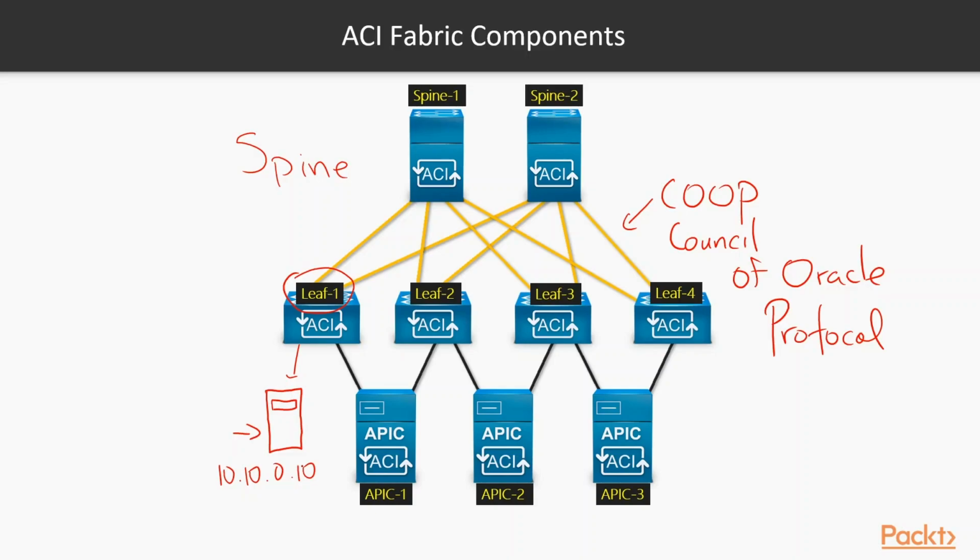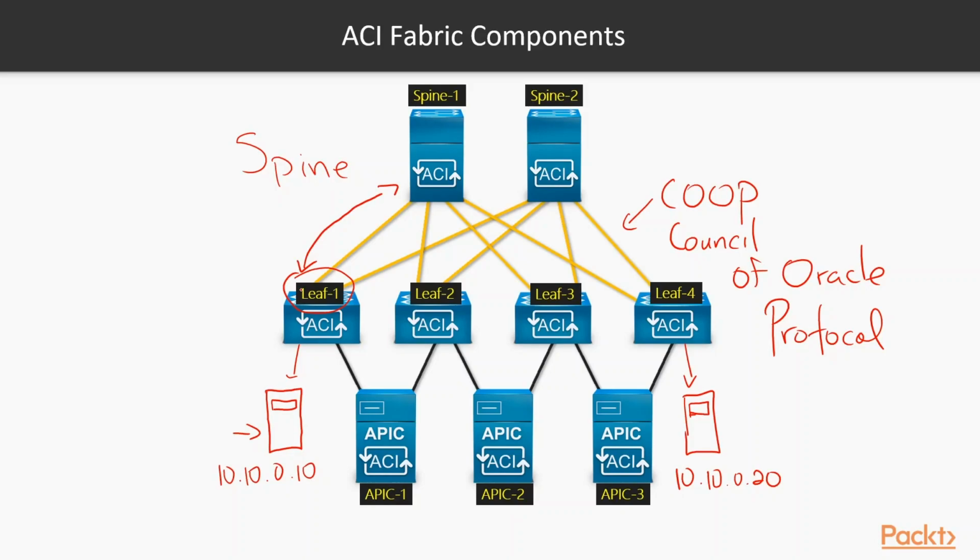And let's say we have another server here, and this server will be on the same VLAN. Let's not change our VLAN ID, we're just going to leave it the same. And this server is going to be 10.10.0.20.